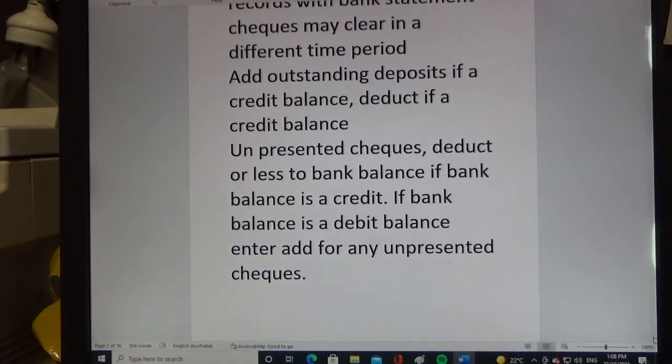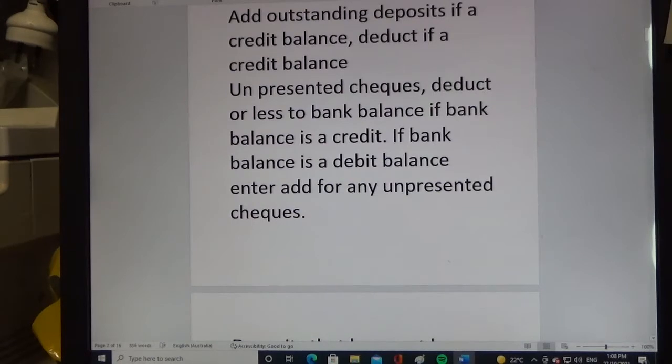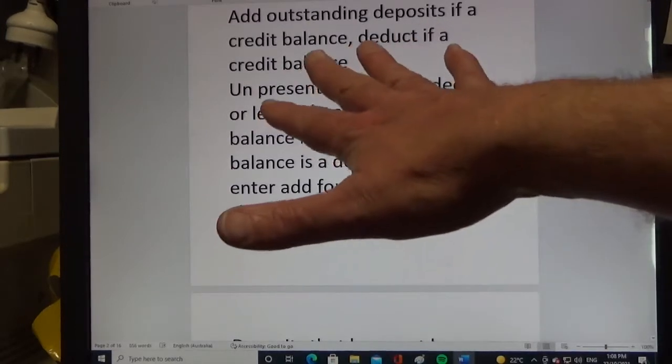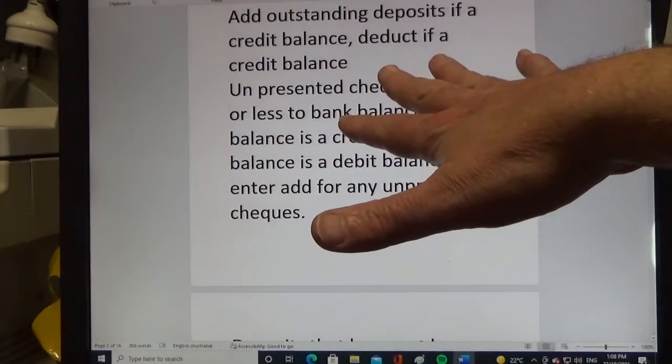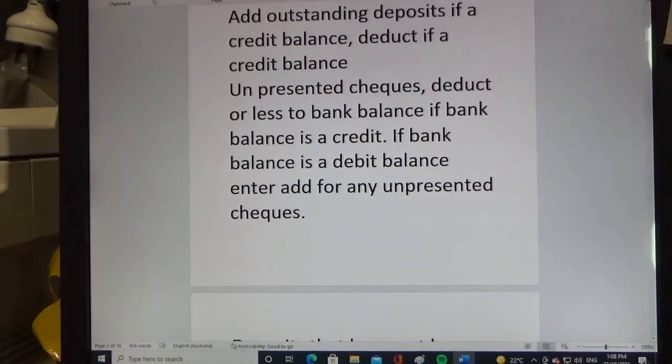And so the rule is we add outstanding deposits if the bank balance has a credited favourable balance, and deduct outstanding deposits if it's a credit balance in the bank account.